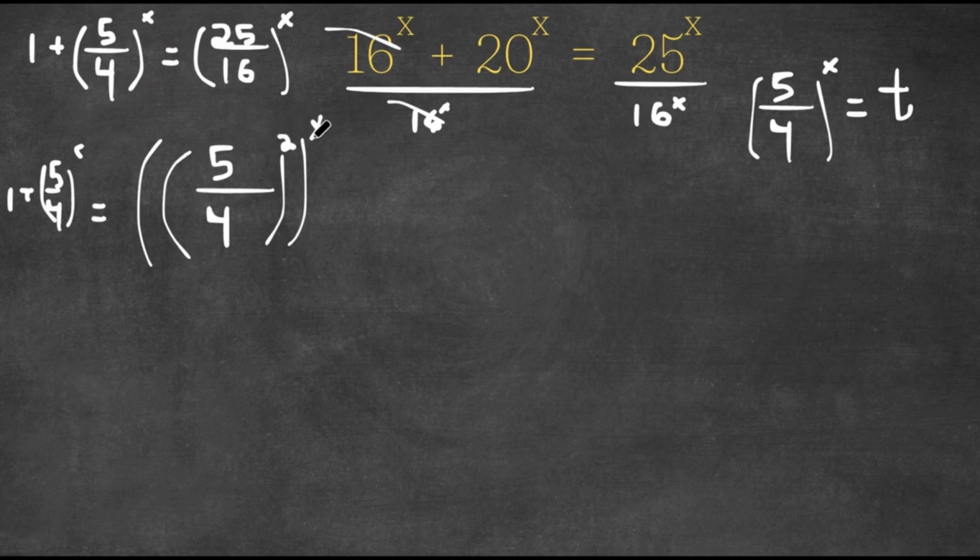And instead of 2 to the power of x, I can also write this as x to the power of 2, so I can flip the positions. So now if I replace 5 over 4 to the power of x with t, I get 1 plus t is equal to t squared.